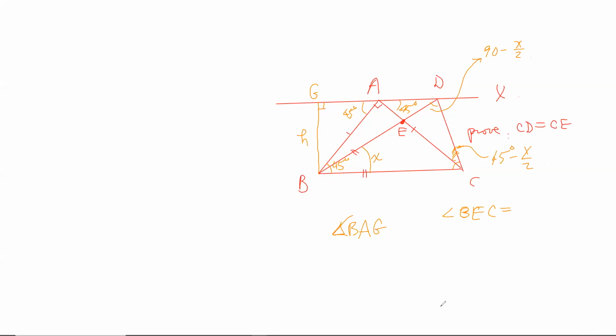Yes, equal to 180 minus 45 minus X, so 135 minus X. Is that right? Yeah, so DEC equals 45 plus X. So EC is equal to 45 plus X.